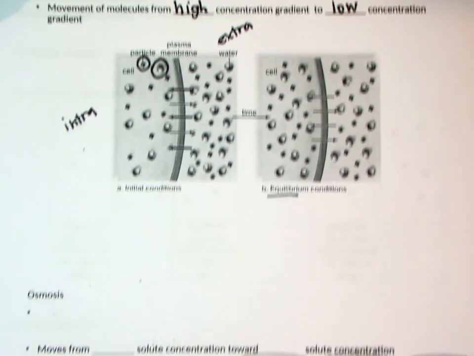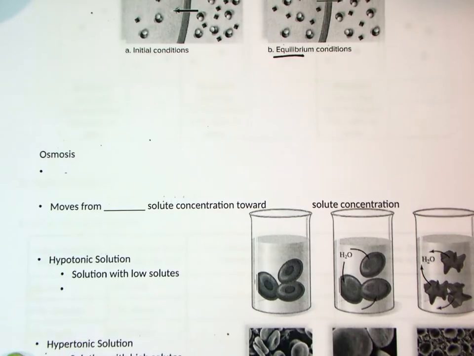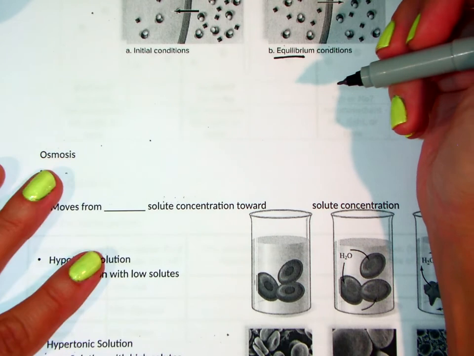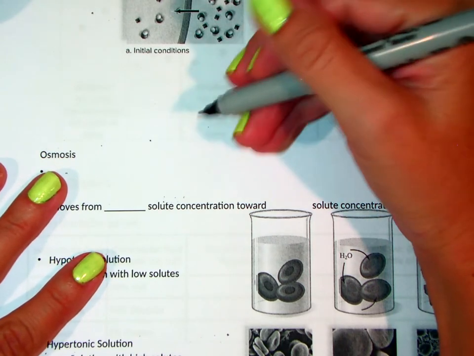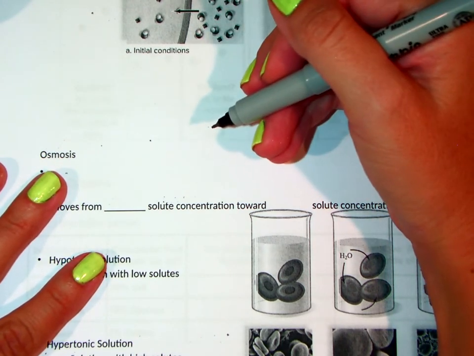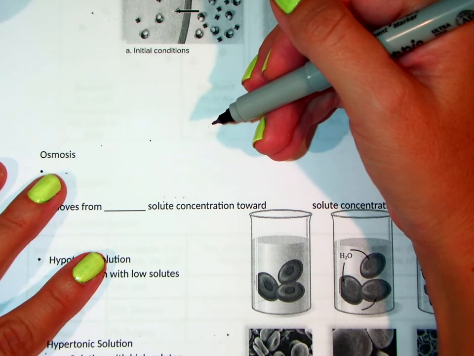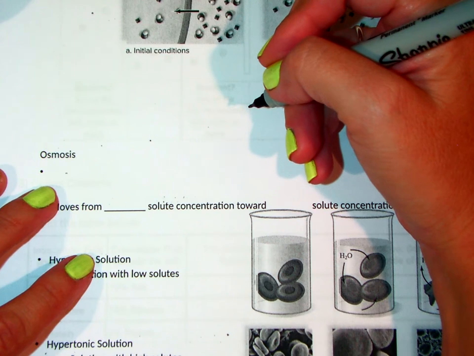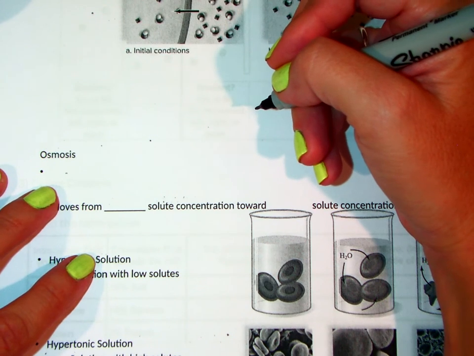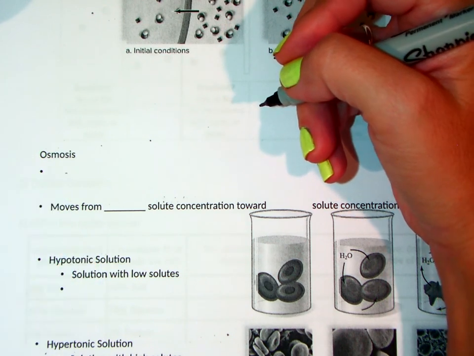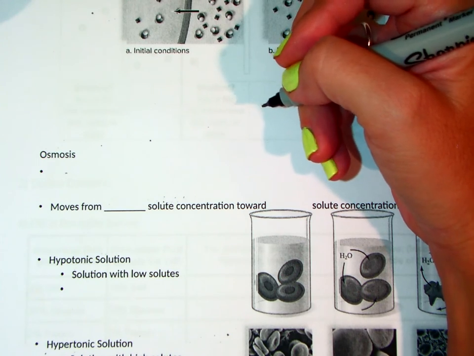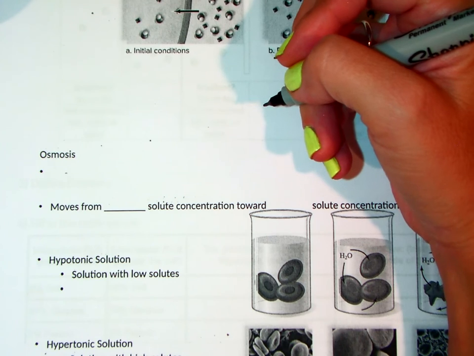So next we need to define osmosis, and there's a meme on the internet that I really hate. I should have printed a picture, but it's a person with their head on a stack of books, like they're exhausted, and it says something like, "I wish that I could absorb information through osmosis." That bothers me because osmosis is referring specifically to the movement of water.